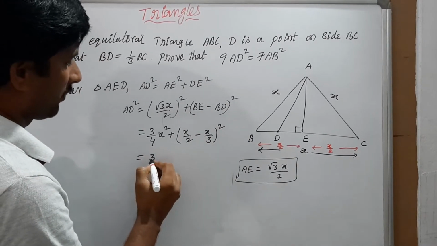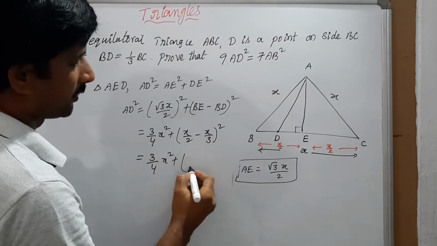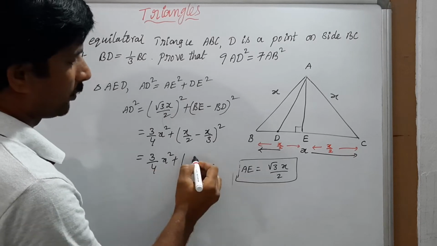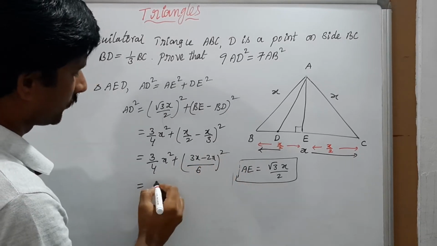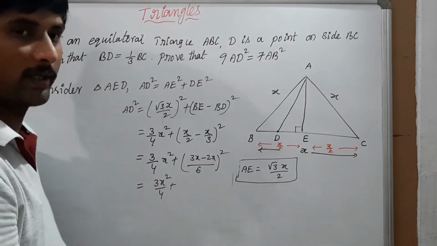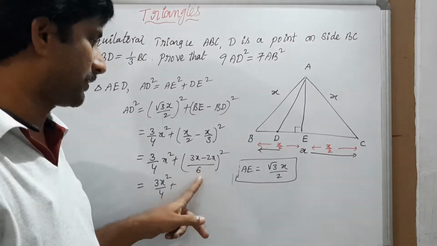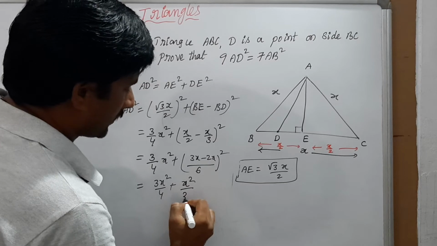So 3 by 4 into x square, plus here internally you can take the LCM. 6 is the LCM. Then you will get 3x minus 2x whole square. So 3x square by 4 plus 3x minus 2x, that is x by 6 whole square, nothing but x square by 36.